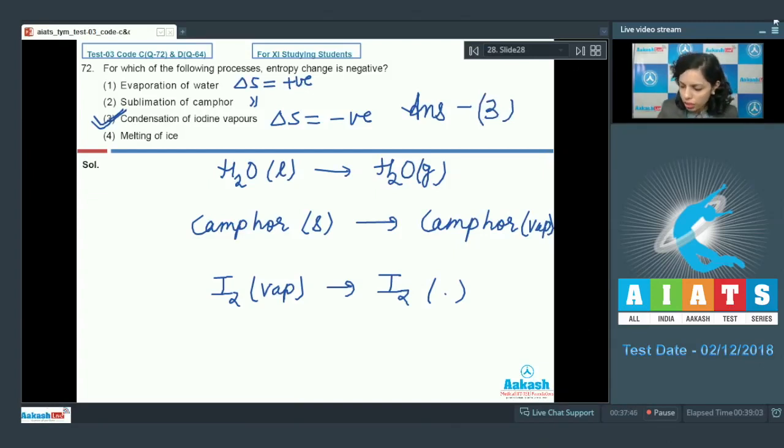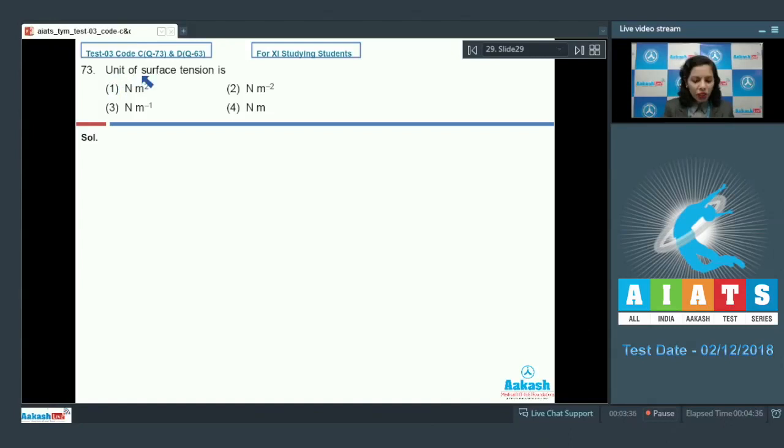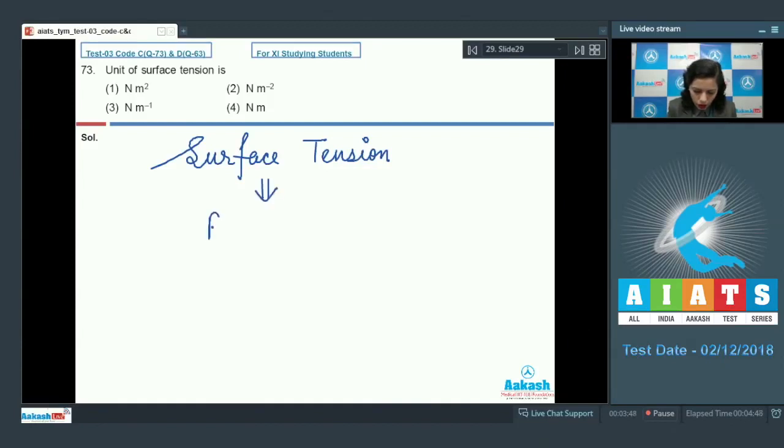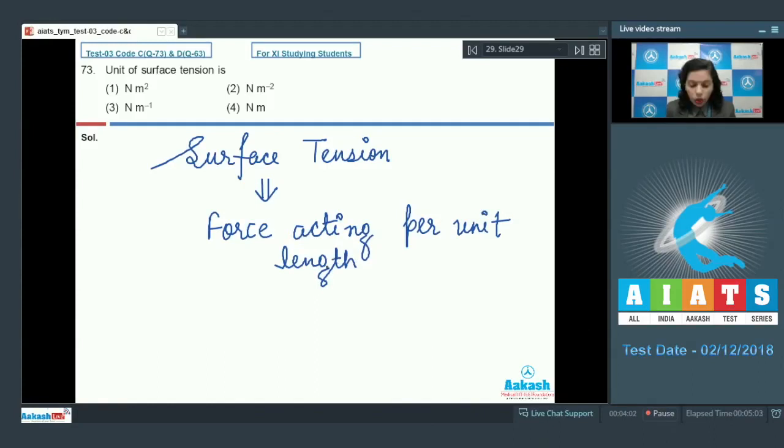And now it's a turn for the next question. Question number 73. Unit of surface tension is. In this case, we should know that surface tension is force acting per unit length. What does it mean?